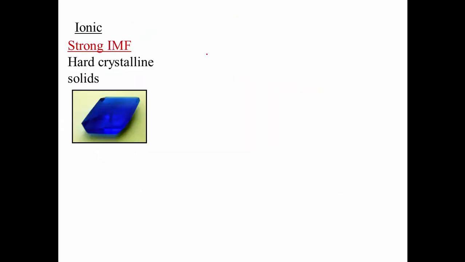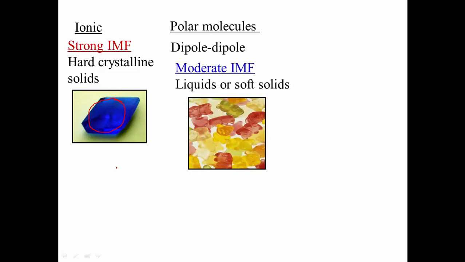So if you see a solid that you know has a transition metal in it because it's a colored solid, and it's also crystalline, we know that that's ionic. If you have a solid or a liquid, a soft solid, you are going to probably predict dipole-dipole.